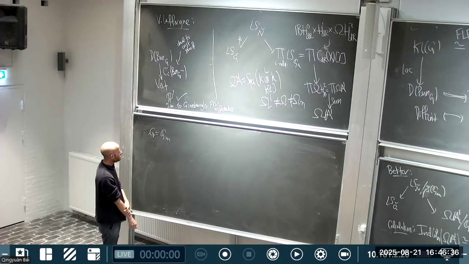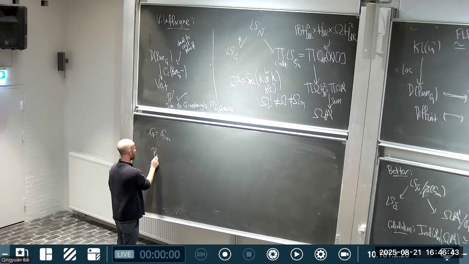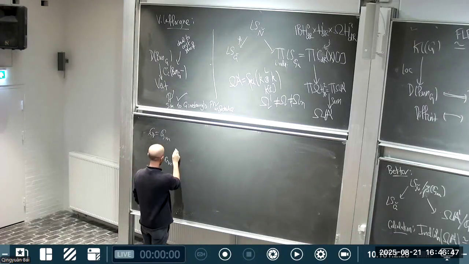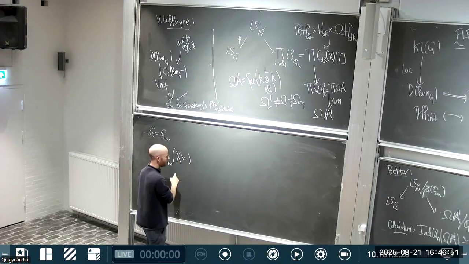Okay, so in the case of Gm, what happens? Robert asked, what if we consider everything for a non-proper curve? So I'm going to take Bun_Gm on X minus x.